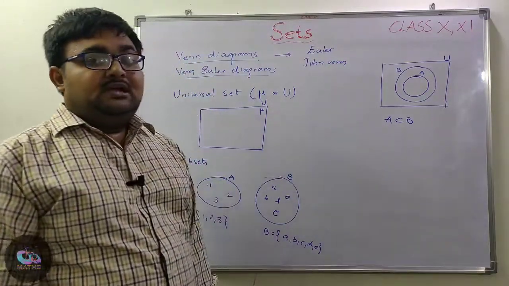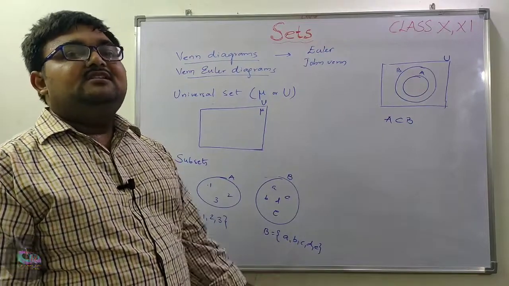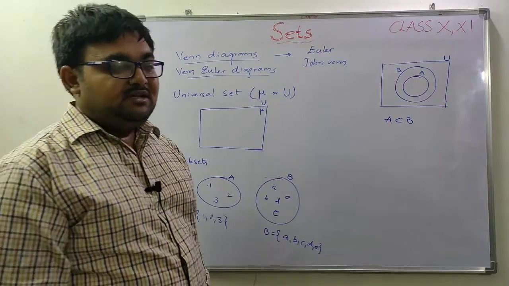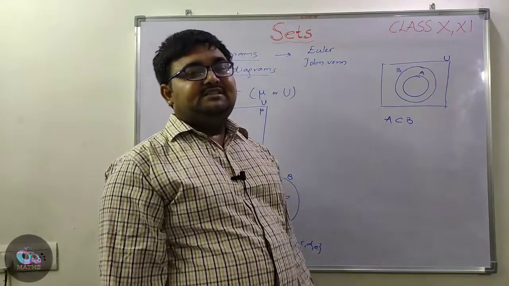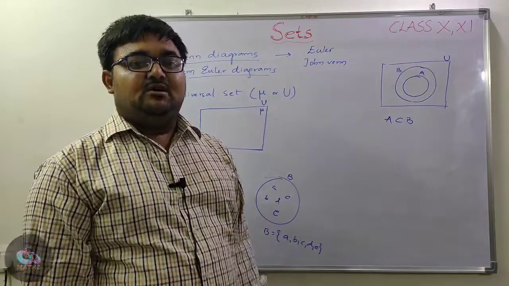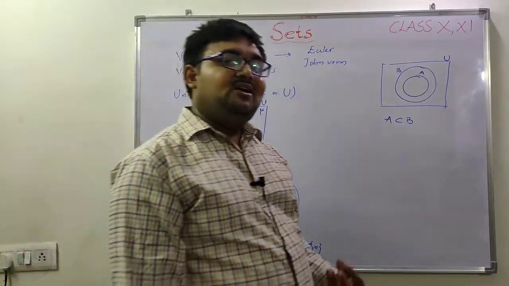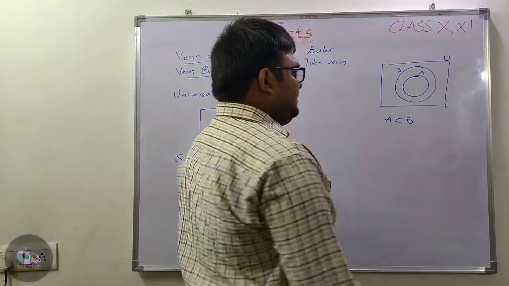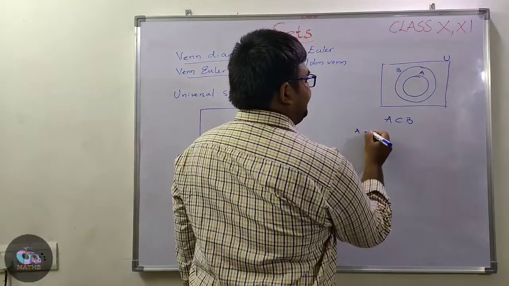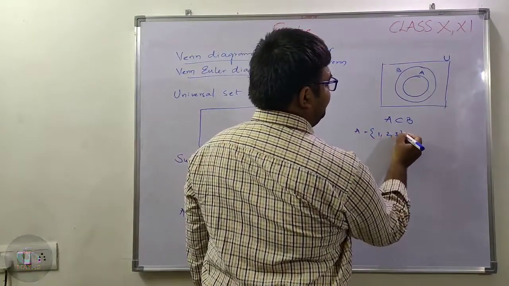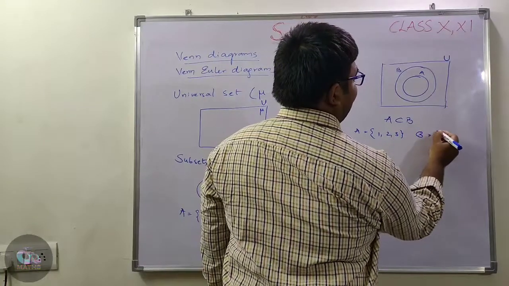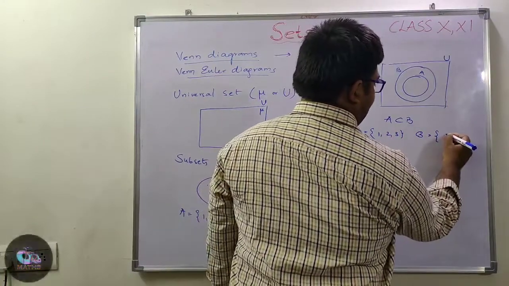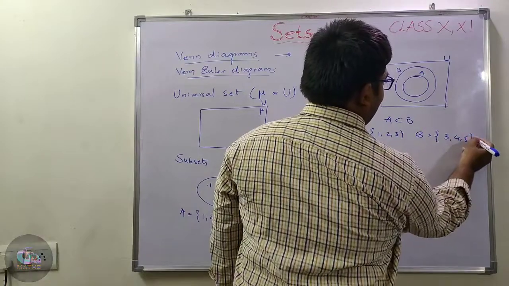Next, suppose they are not complete subsets. That means there are some elements common to both sets. Suppose I have a set A which is 1, 2, 3 and a set B which is 3, 4 and 5.